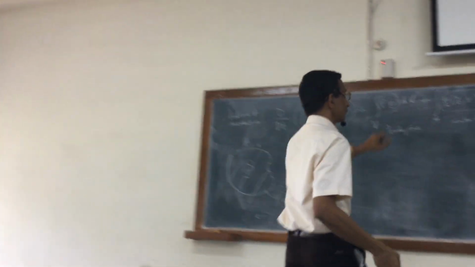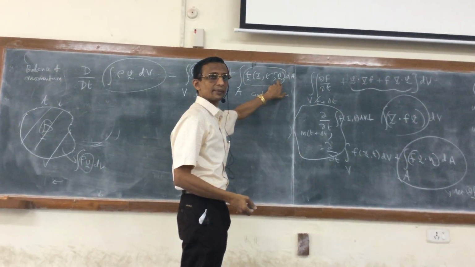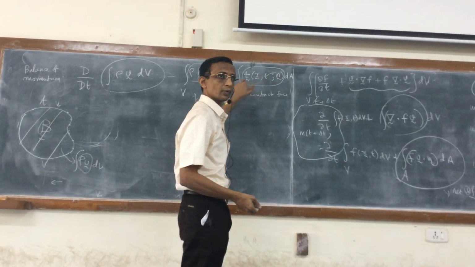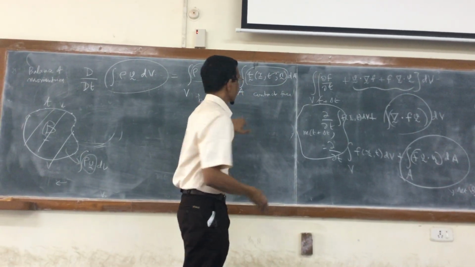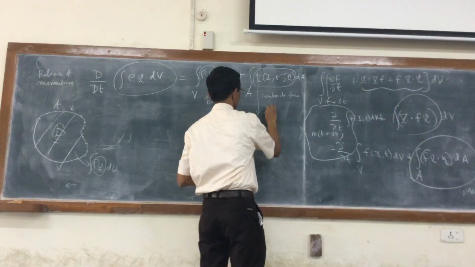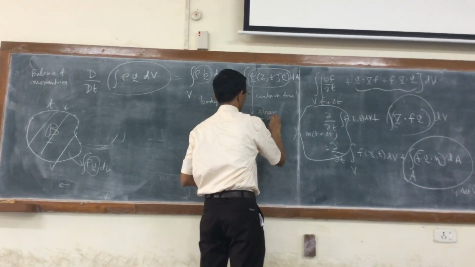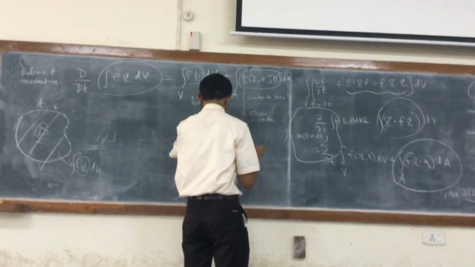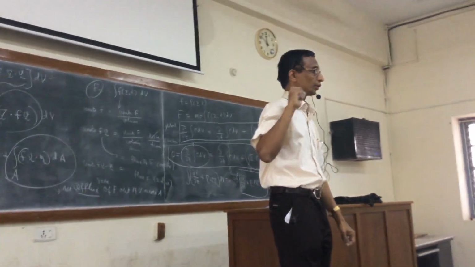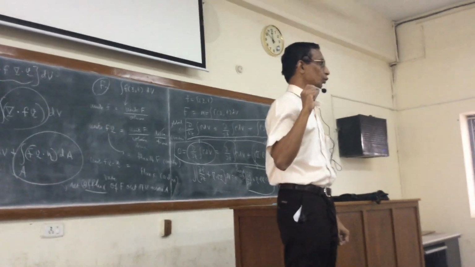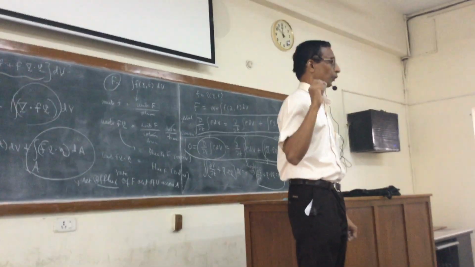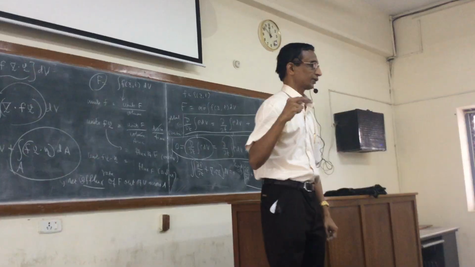The contact force density is per unit area, as you can clearly see, because when you integrate over area you again get the force. Right? So this is the stress vector. The crucial point is that it depends not only on the location and time, but also on the outward unit normal at every point on the surface.